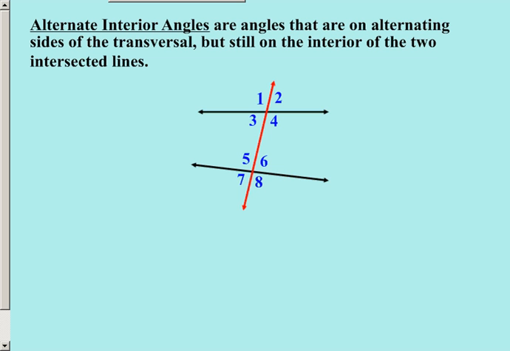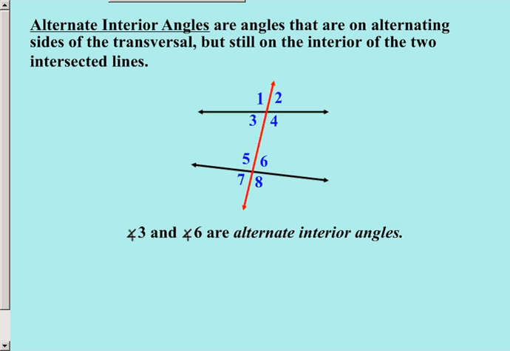So one possibility for alternate interior angles would be angle 3 and angle 6 in this diagram. They are on opposite sides of the transversal from each other, and they are definitely in between the two black lines that the red transversal intersects.